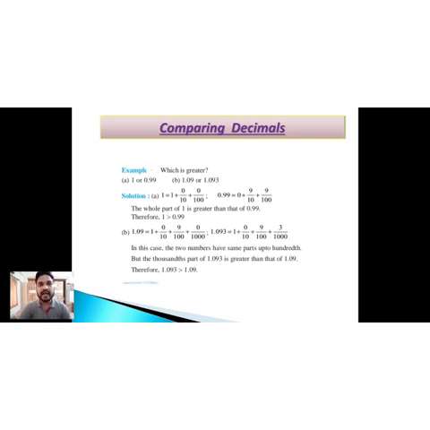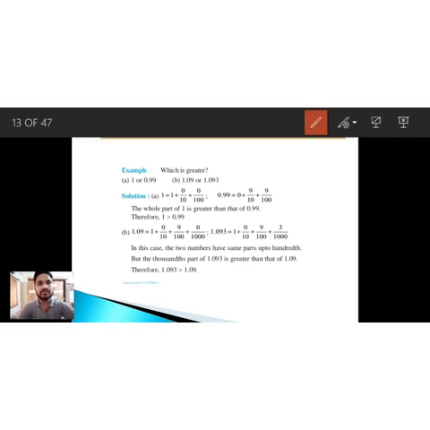You can see in 1.09 only two digits are there after the decimal, and in 1.093 there are three digits after the decimal. So 1.09 is 1 plus 0 upon 10 plus 9 upon 100 plus 0 upon 1000, and for the second we have 1 plus 0 upon 10 plus 9 upon 100 plus 3 upon 1000.